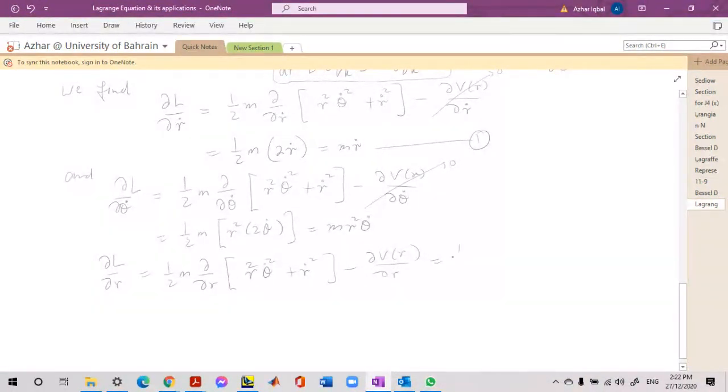So it becomes 1 half m 2r theta dot square minus partial V over partial r.